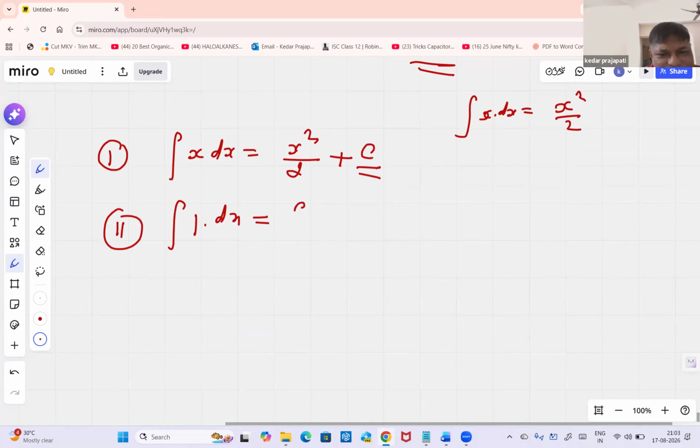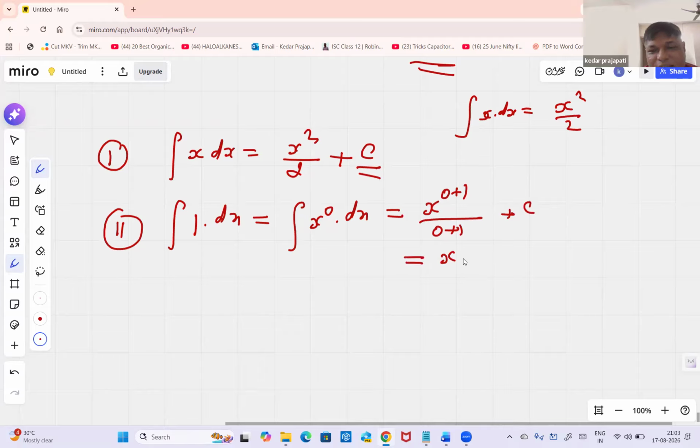Can I write it like this? x to the power 0 dx. So this will become x to the power 0 plus 1 divided by 0 plus 1 plus constant, which becomes x plus c. Correct? So the integral of dx is how much? x. Right? And there is some constant.